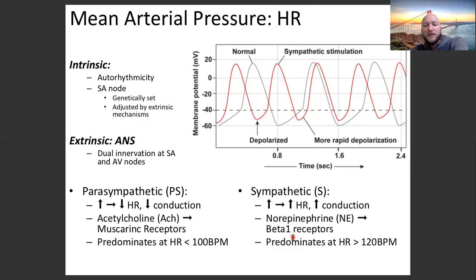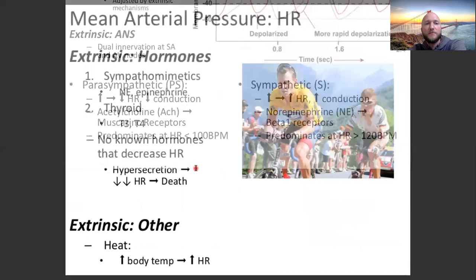The sympathetic nervous system has the largest effect when heart rate is above 120 beats per minute. You can see again here, the gray line is the normal autorhythmicity, and when there's significant sympathetic stimulation, the time between the muscle action potentials is much smaller.